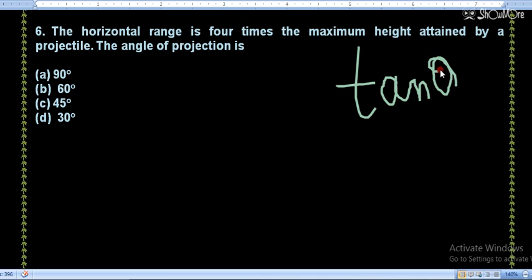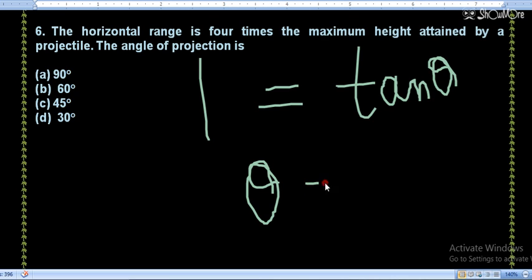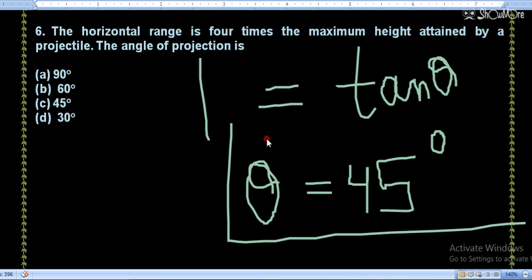So when we have tan theta equal to 1, then we can say theta will be equal to what value? Theta will be equal to 45 degree. So in this question, question number 6, the angle of projection will be 45 degree.